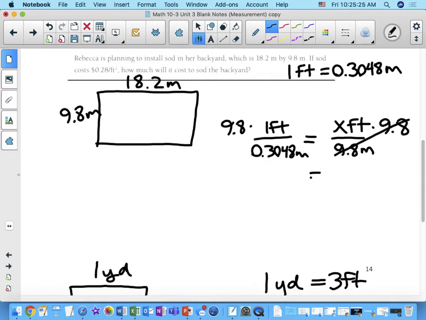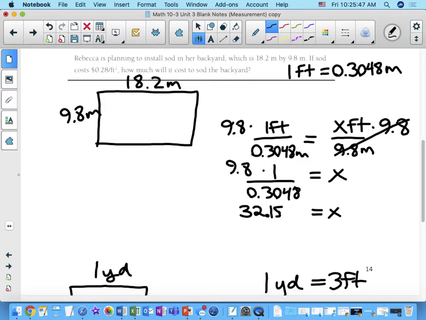So I'm going to get that x equals 9.8 times 1 divided by 0.3048. And that comes out to be? 32.15, okay, thanks. And yeah, keep some extra decimal places because this isn't the final step, right? This is an intermediate step. Okay, so that's the one dimension.